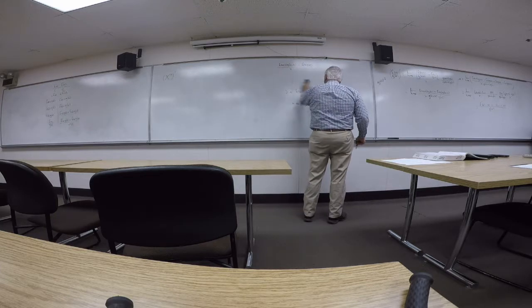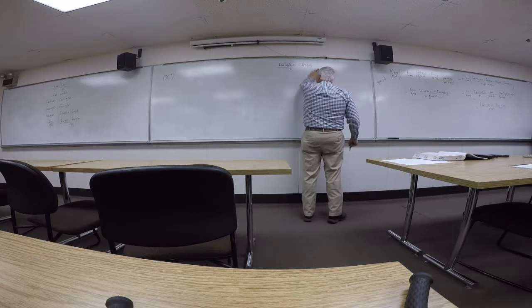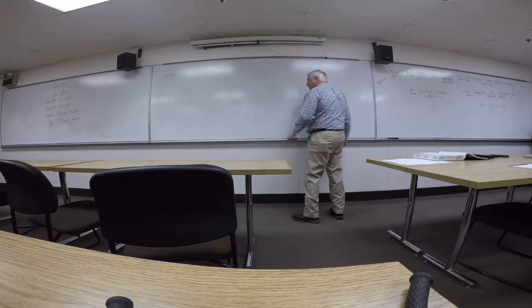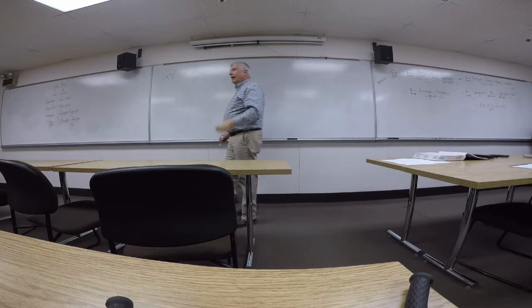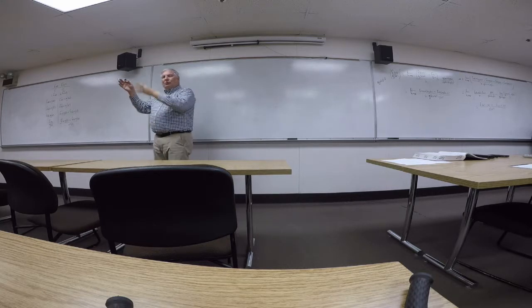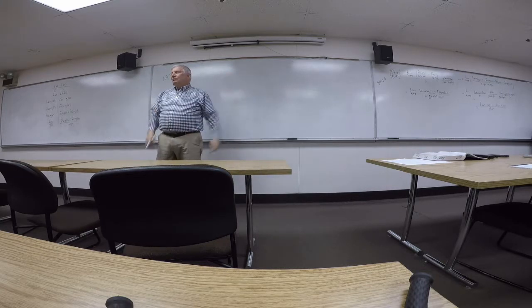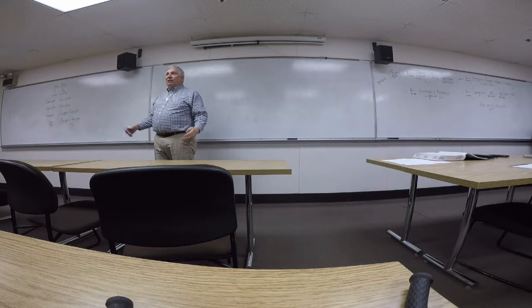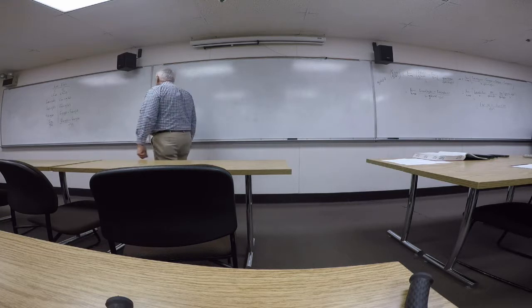Now, one reason I did the x to the 6th earlier is so that you kind of see what those terms are in the expansion of x to the n.